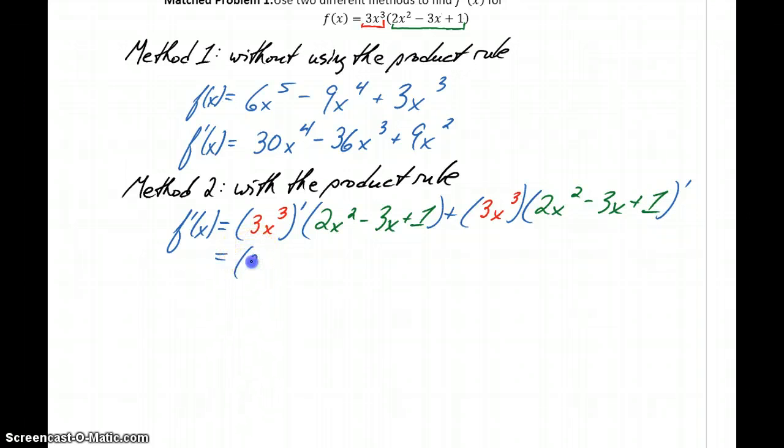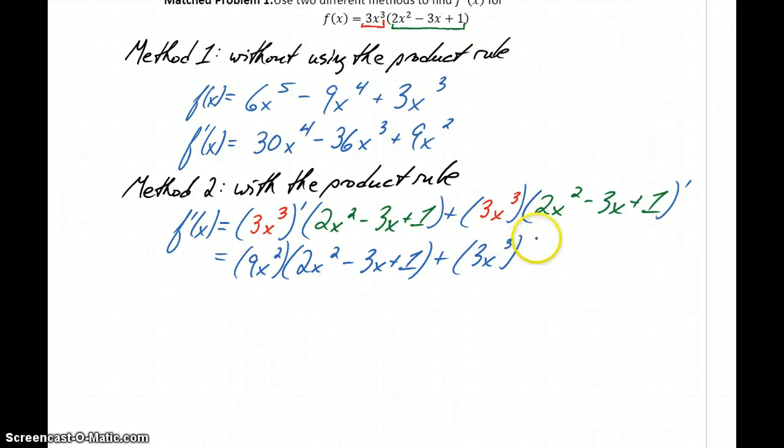This will give us 9x squared times 2x squared minus 3x plus 1, plus 3x cubed, and then times the derivative of that second function. So we get 4x minus 3.